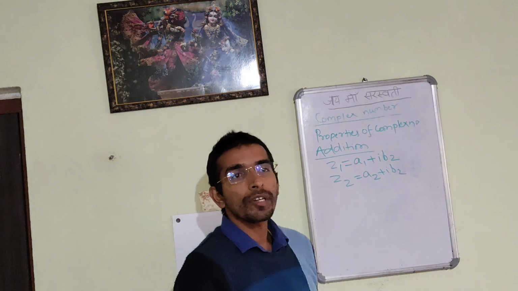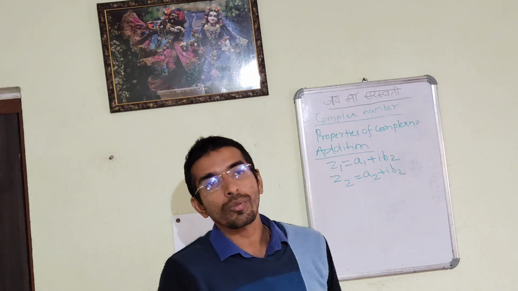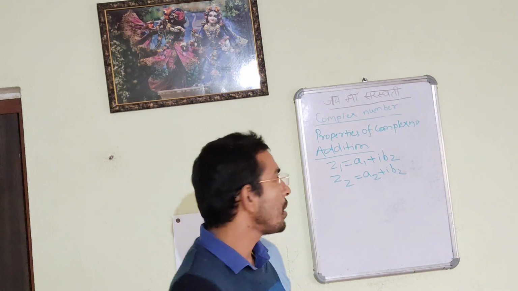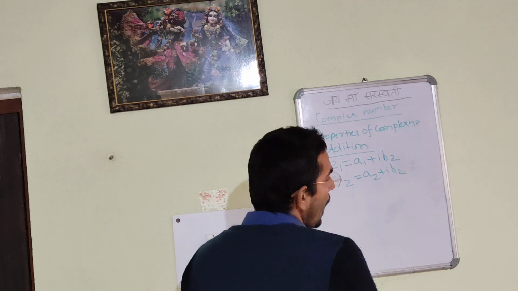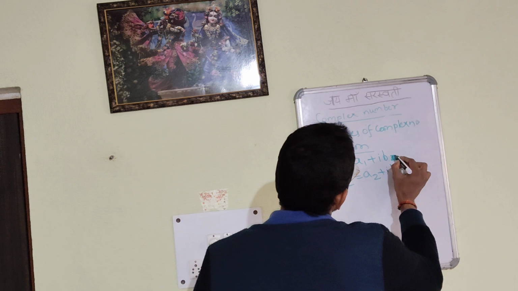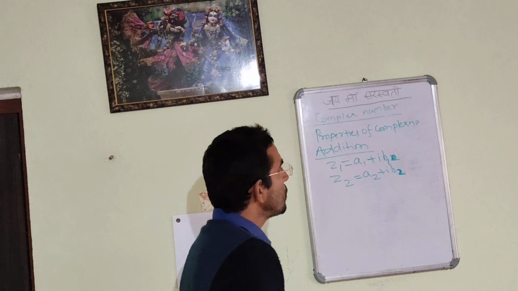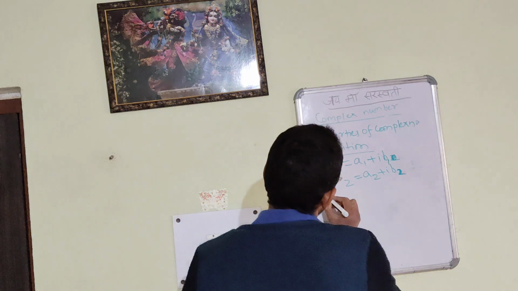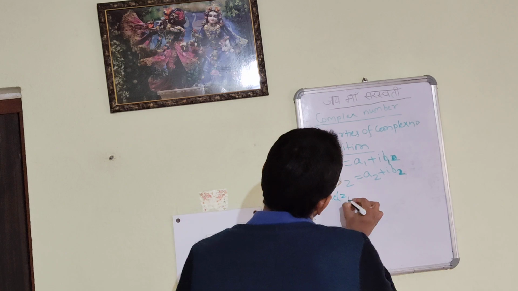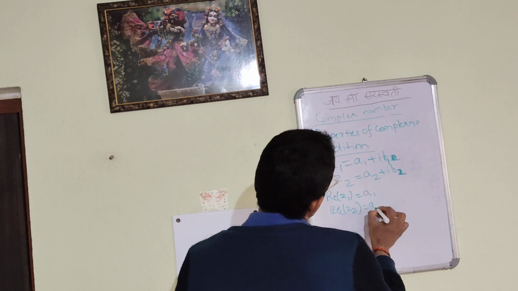We have to check what is the real part of this complex number, and secondly we have to switch over to the imaginary part. In this case, the real part of z1 is a1 and the real part of z2 is a2.